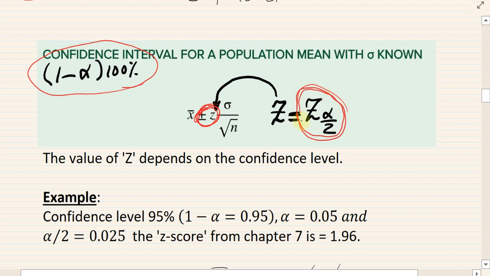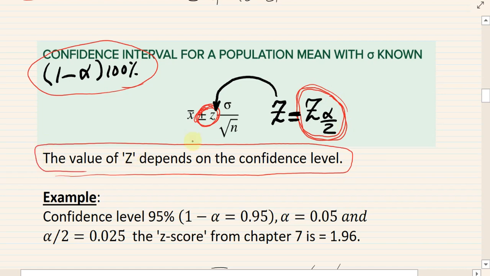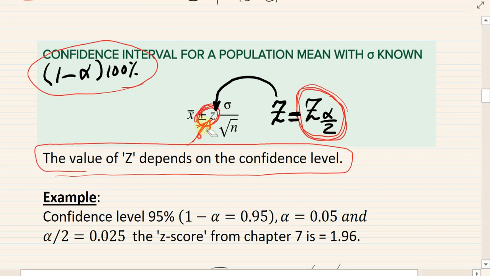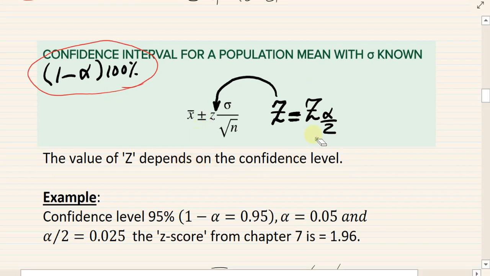The z that you see in the formula is this z right here. This z depends on the confidence level. So we're going to actually get this z-score from Megastat.